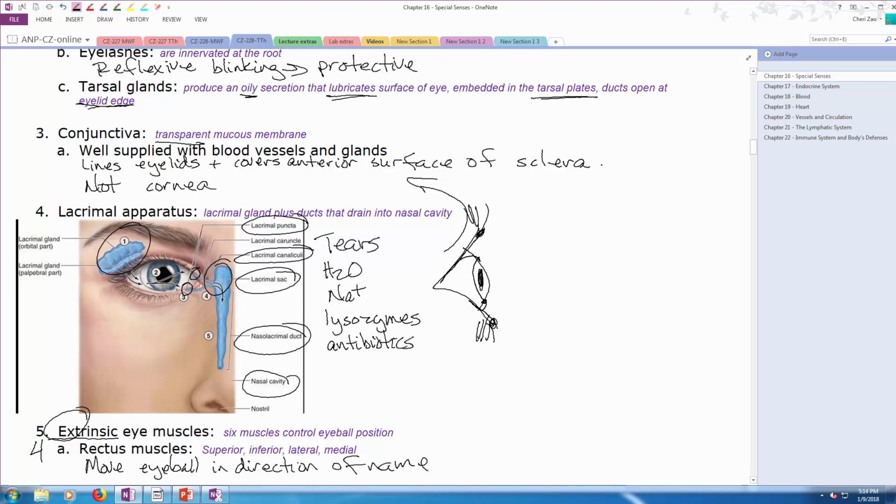So we actually make our own antibiotics. Tears are to help cleanse the surface of the eye, as well as protect, which gives us moisture and lubrication.